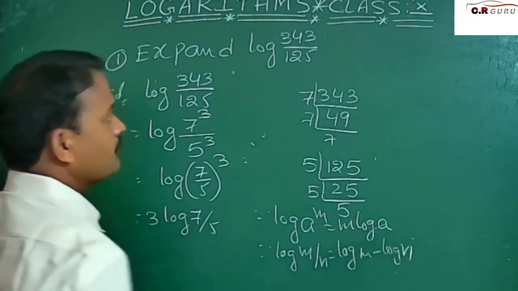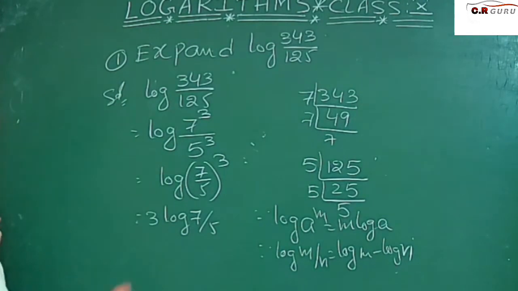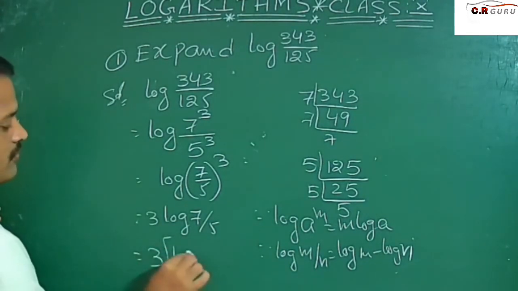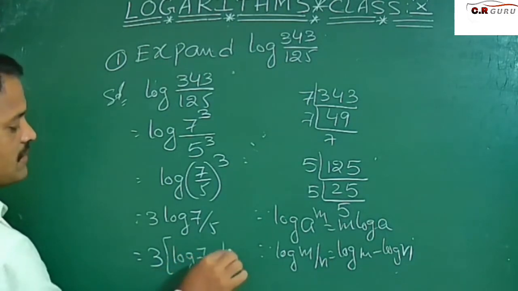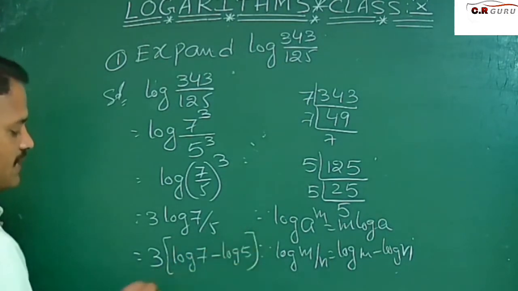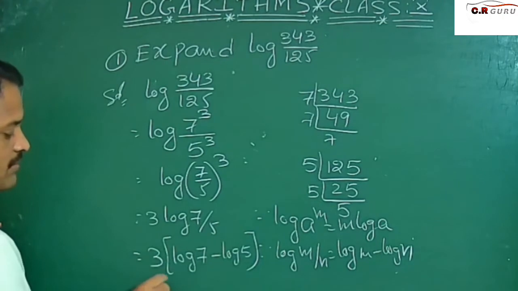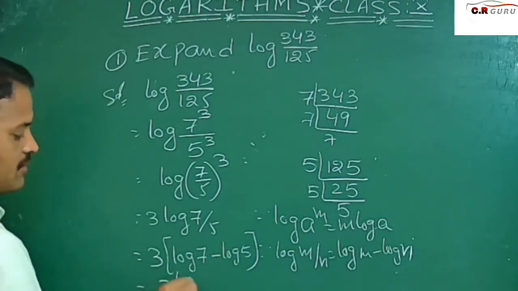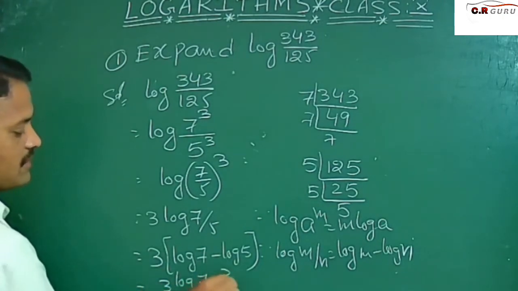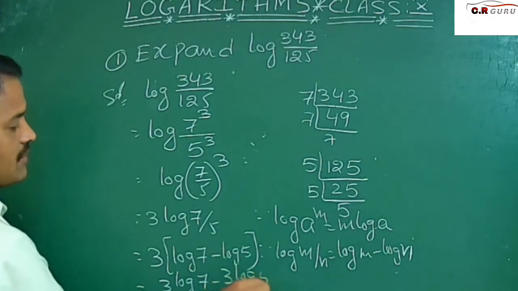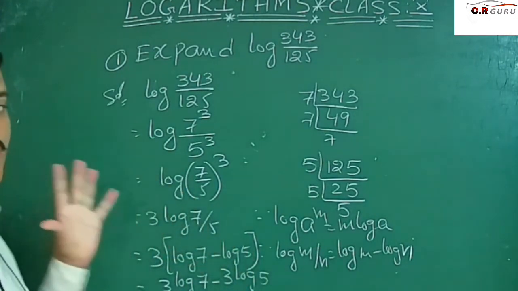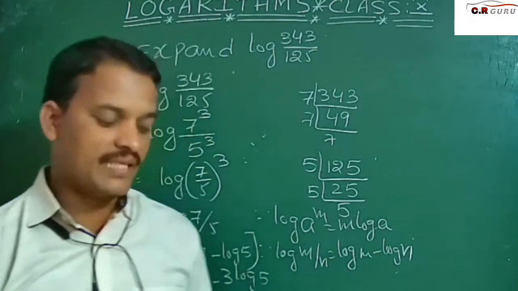So that equals 3 into log of 7 minus log of 5. Then expand, multiplied by 3, this is nothing but 3 log 7 minus 3 log 5. So this is the final result of example 21 on this page number.